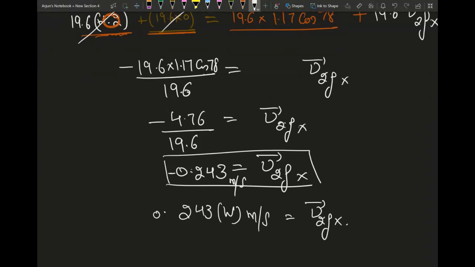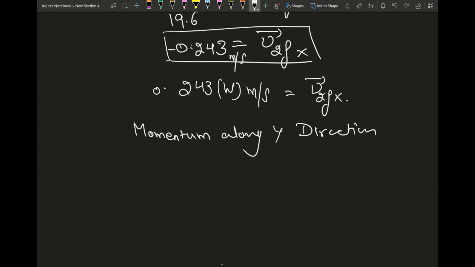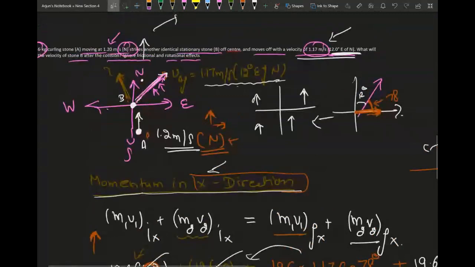Now, I've solved everything along the X direction. Now I need to solve everything along the Y direction too. So momentum along Y direction. How am I going to solve that? Again, I'm going to go back into the question and see what's given to me. Now this ball is moving along the north direction.